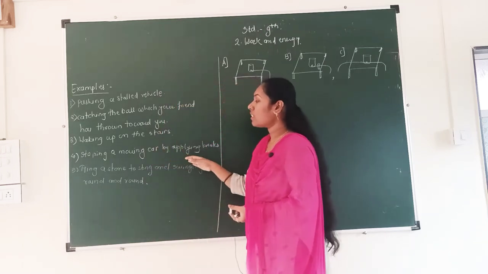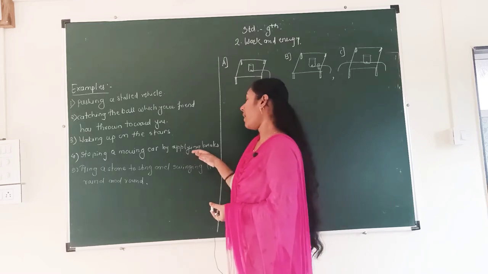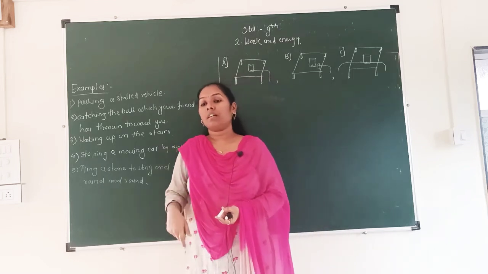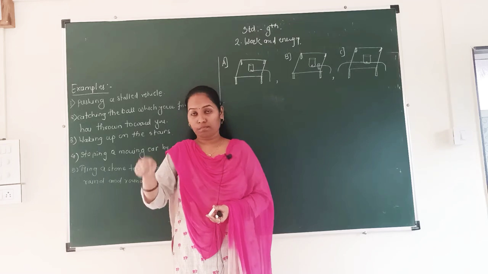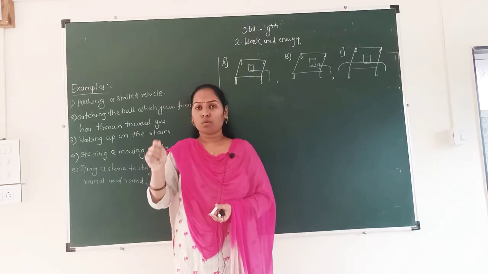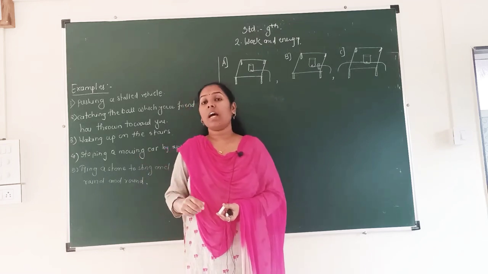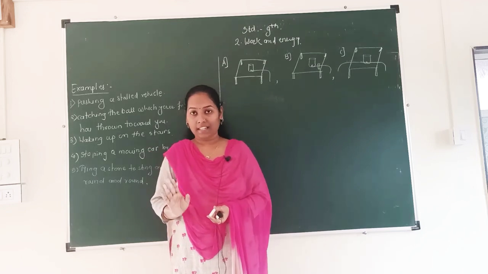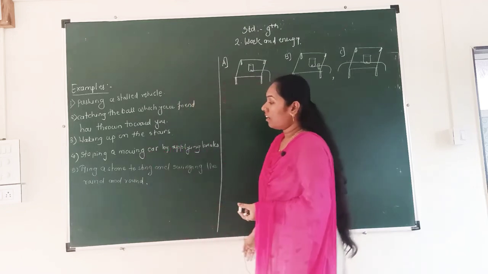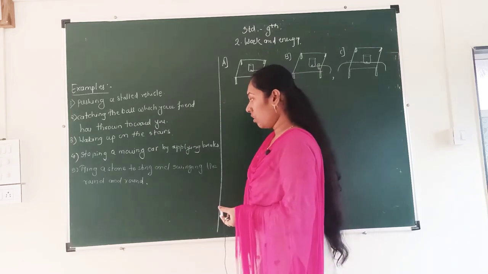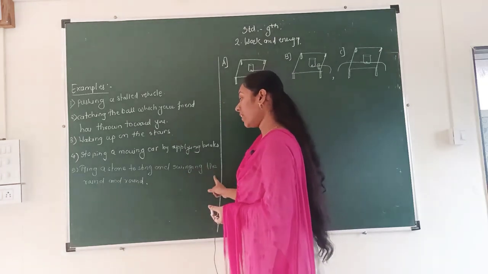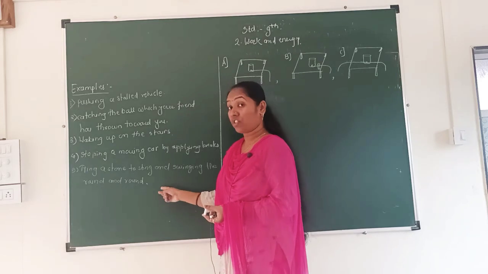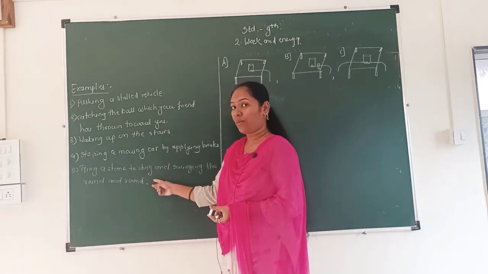After that, stopping a moving car by applying brakes. The car is in motion, and by applying brakes we stop that car. After that, tying a stone to a string and swinging the stone round and round.